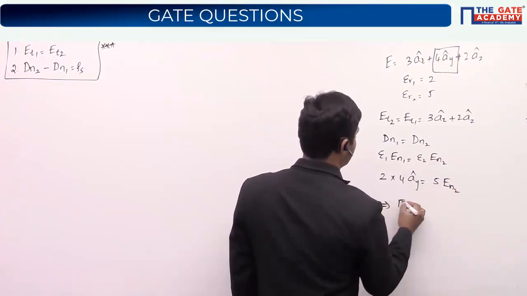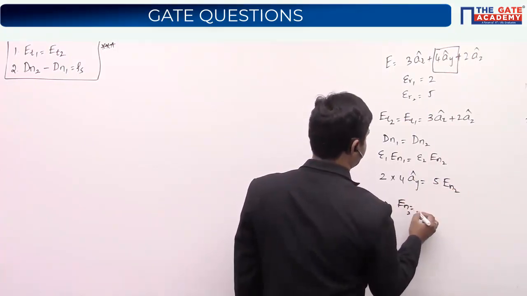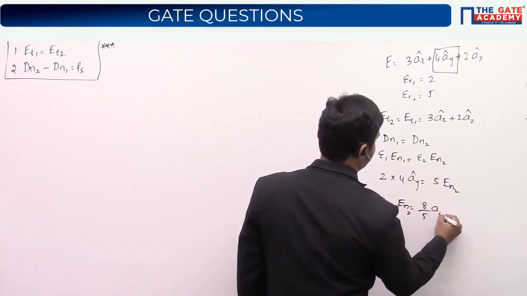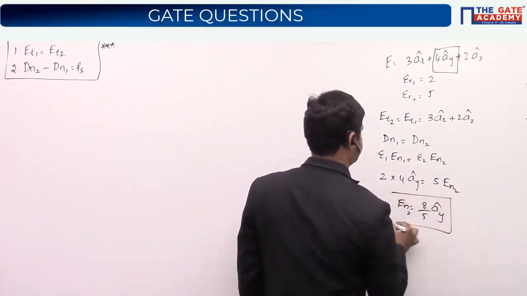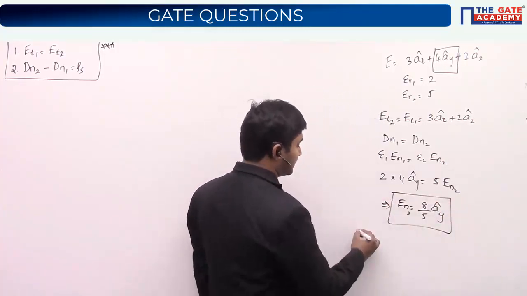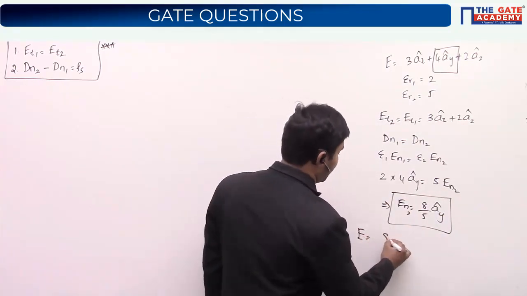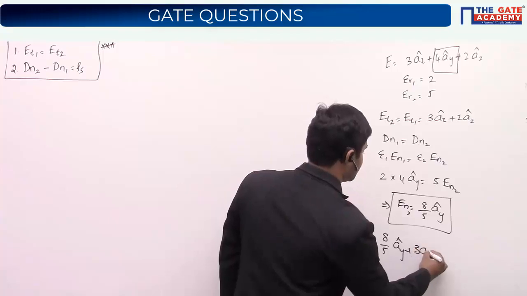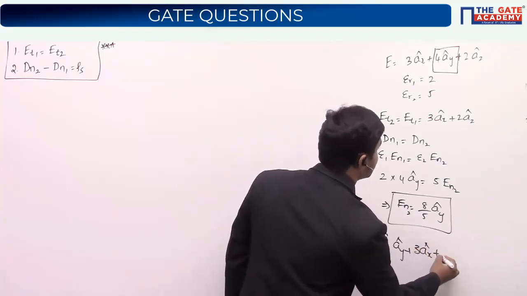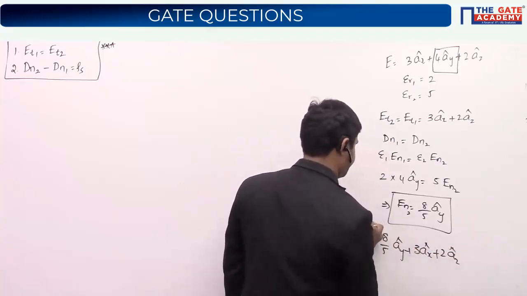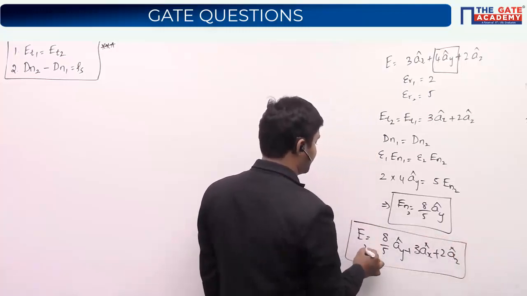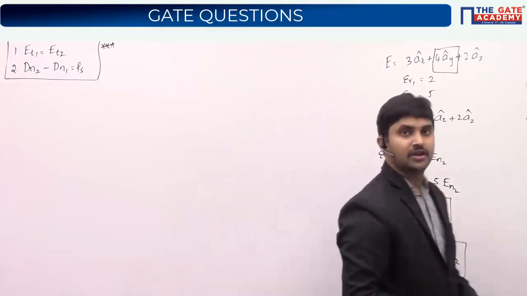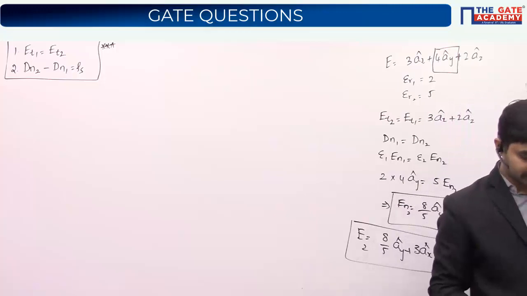So you can see that the value of En2 is going to be equal to 8 by 5 ay. So the total electric field is 8 by 5 ay plus 3ax plus 2az. So this is the electric field in the second medium. I'm sure all of you have got the same answer.